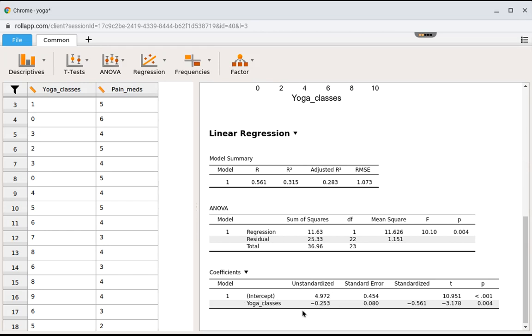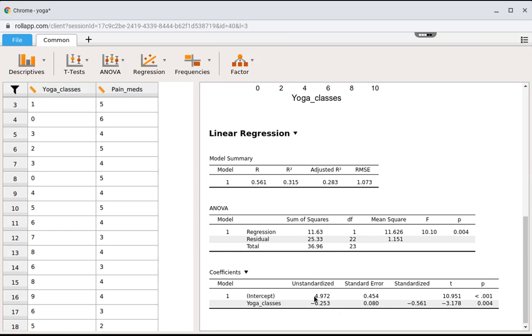So now you have to take these two numbers and put them into the equation of the line. And that can be difficult if you don't remember that the y-intercept always stands alone in the equation. So remember, the y-intercept is going to be by itself, and the slope is always going to be multiplied times the x variable. So our ultimate equation of the line here would be y hat equals negative 0.253 times x plus 4.972.